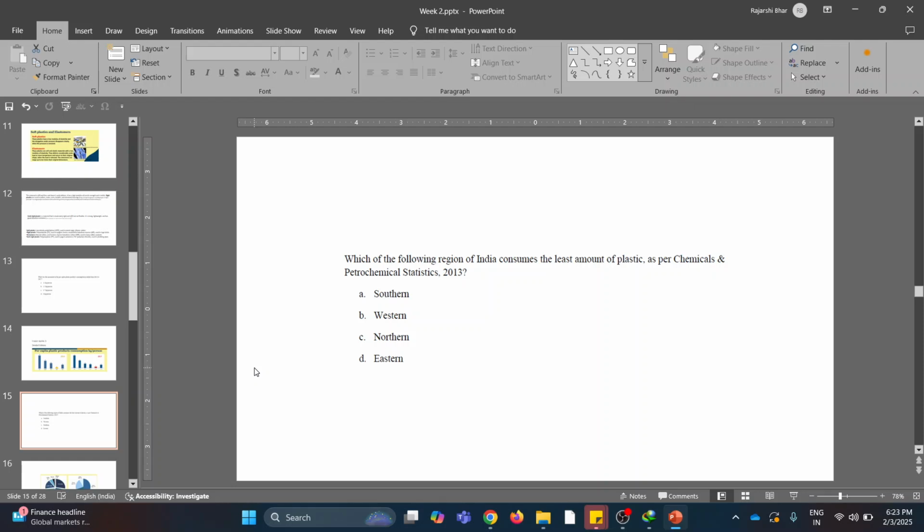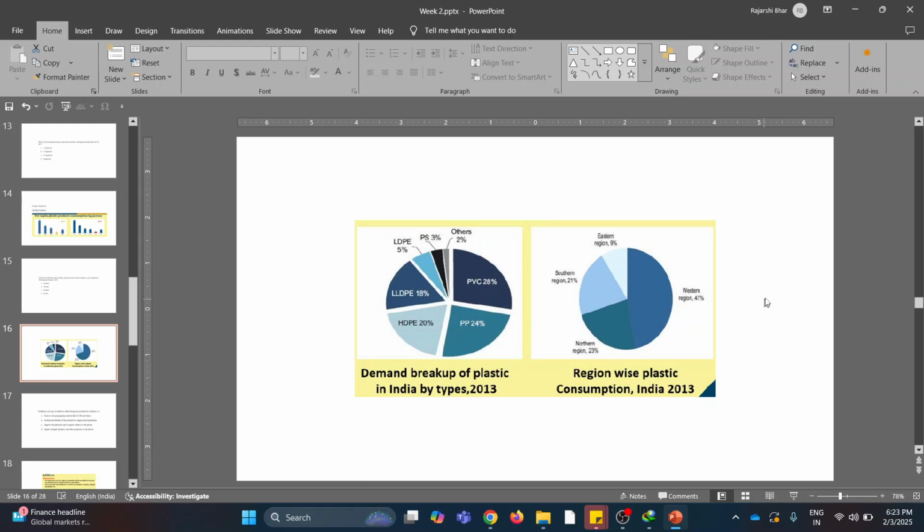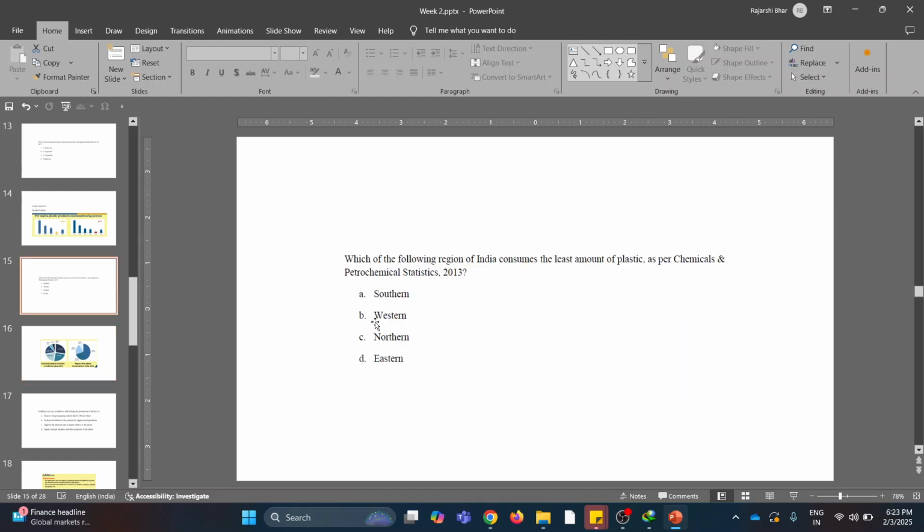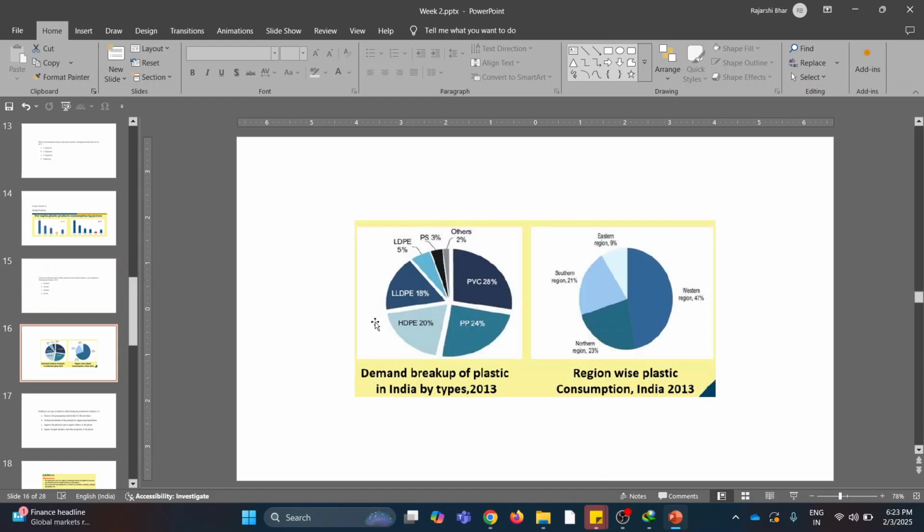So which state? We can show you a statistic again. From this particular figure on the right hand side, you can see that the lowest amount of plastic consumption is taking place in eastern India. That is why option D is the correct answer here.